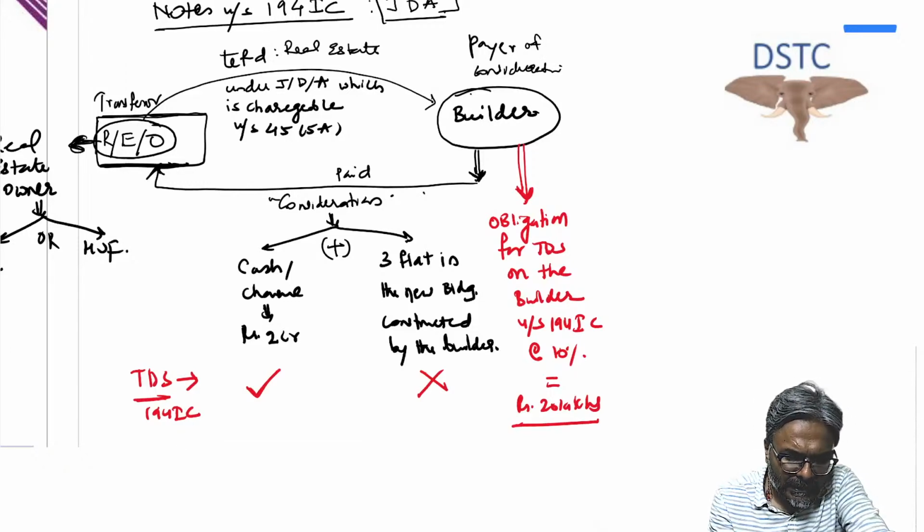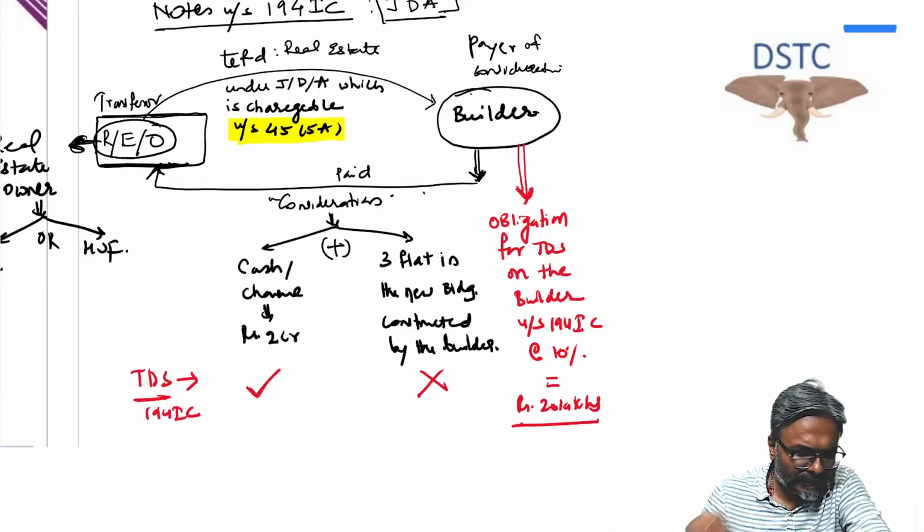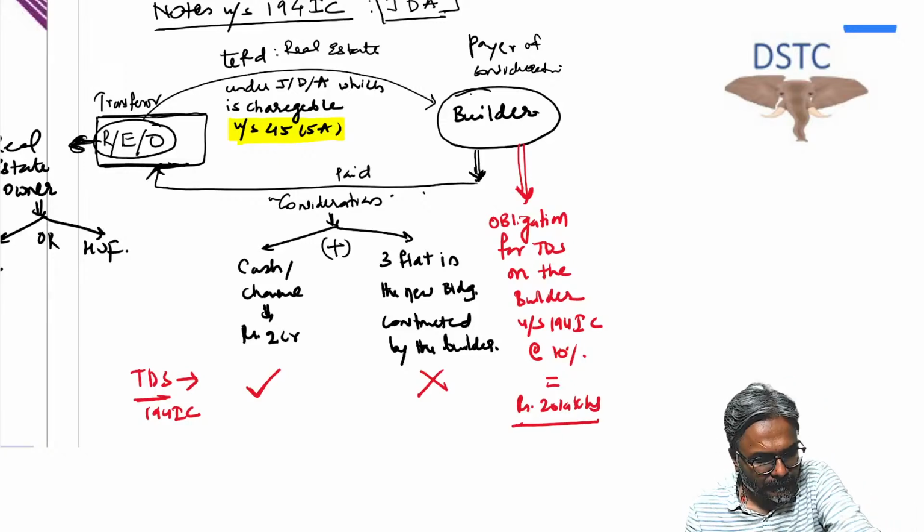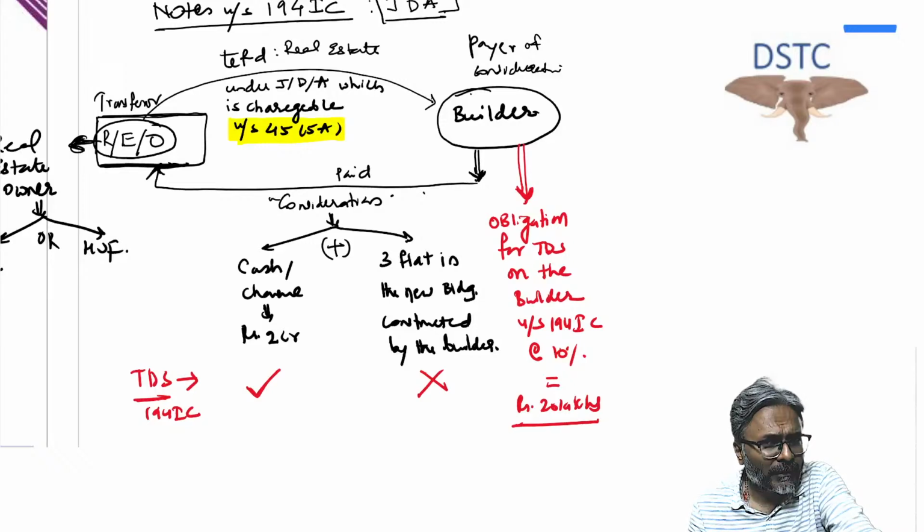And this JDA is something which is chargeable under 45(5)(a). 45(5)(a) has its own particular conditions, which we will see when we do 45(5)(a). Is that point clear to all of you? That exactly is the point, students, that needs to be considered.